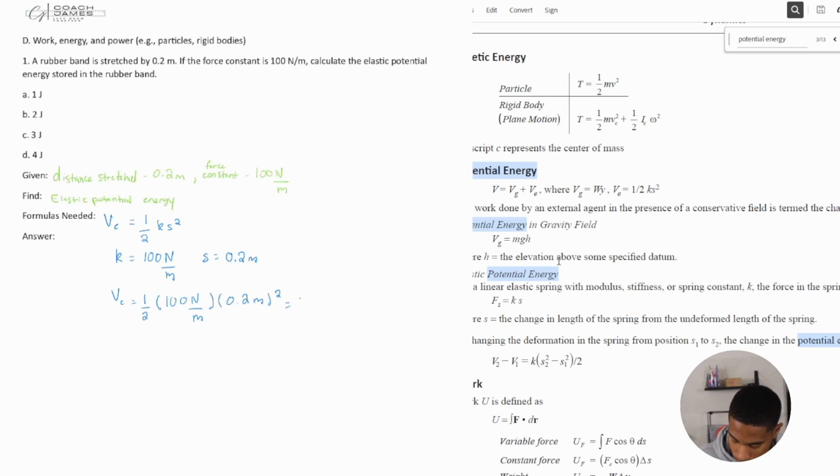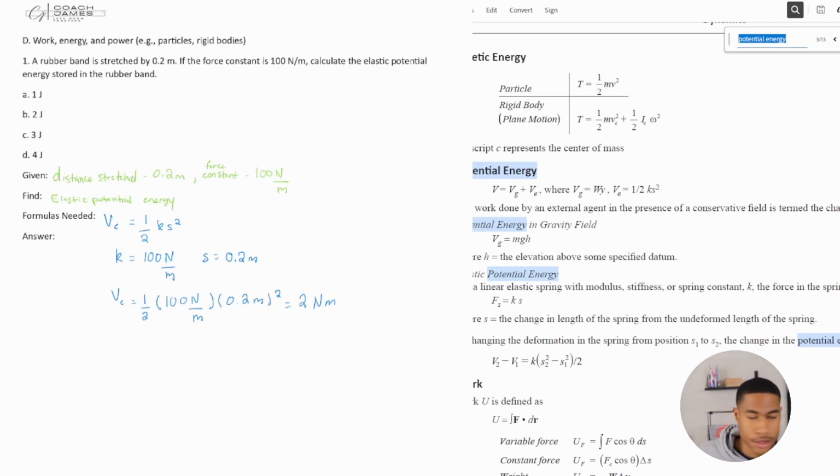Yeah, so I get 2, but your units are going to be newtons, and then I'm doing meters squared over meters, so that's going to be newton meters. So how do I get my final answer to be in joules?